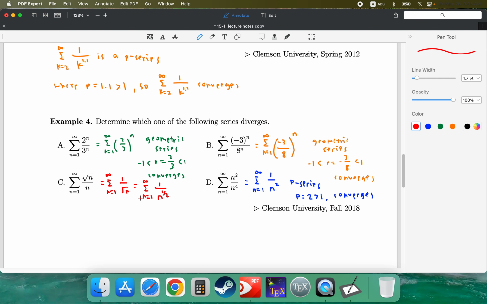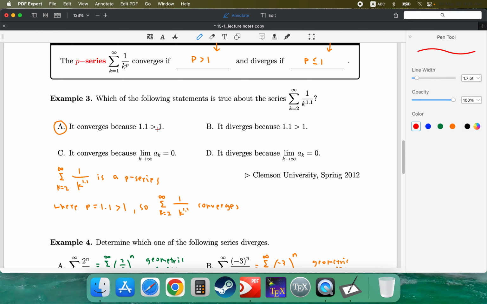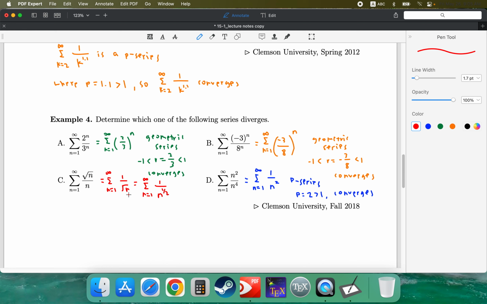The reason I want to write it as n to the 1/2 is because I want to recognize that this is a P series. I want 1 over k to the pth power. So right here, I want 1 over n to some power, and I know square root is the power of 1/2. Okay, so this is a P series.